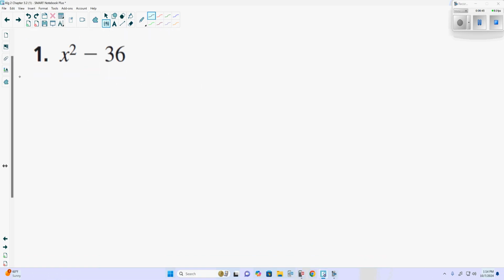X squared minus 36. We can say x is a perfect square, yes? It'd be x and x. X times x is x squared. 36, what times itself is 36? 6 and 6, yes? So how would this factor? X squared minus 6 squared.